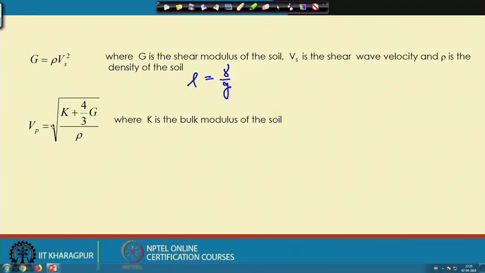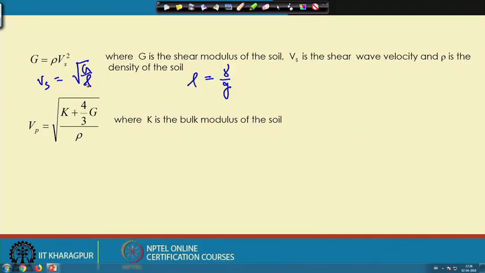As I mentioned, your velocity Vs is equal to the square root of G by rho. I mentioned that as the density increases, velocity increases. But from this expression, if I say G is constant, then density increasing means velocity will decrease.